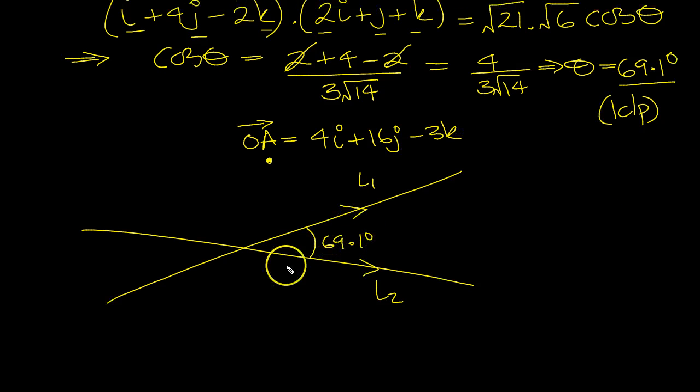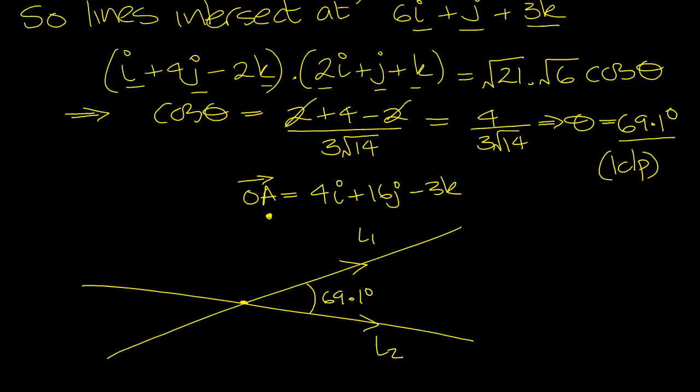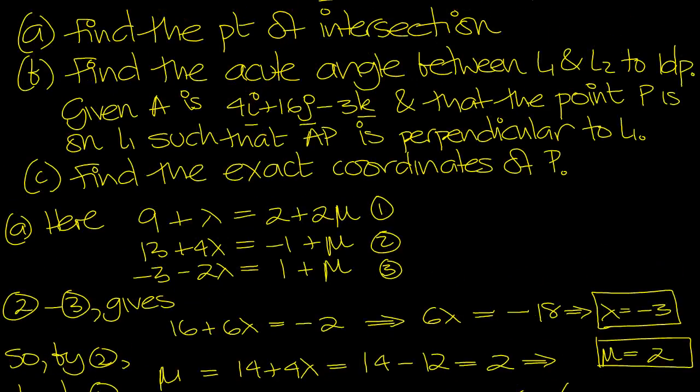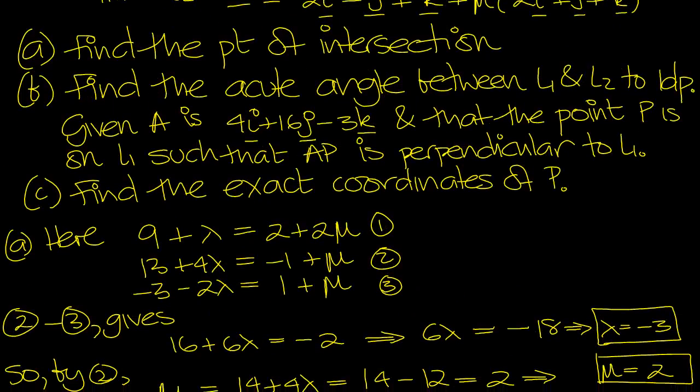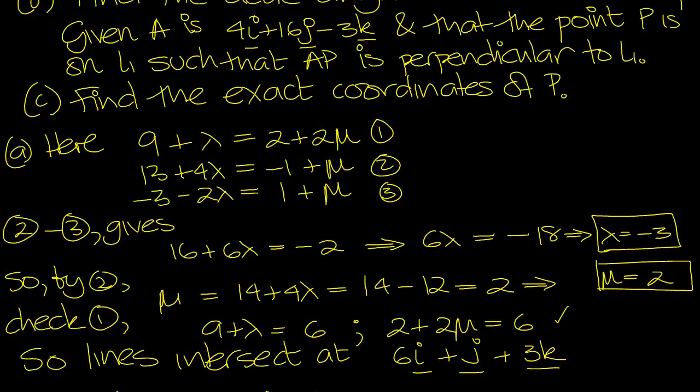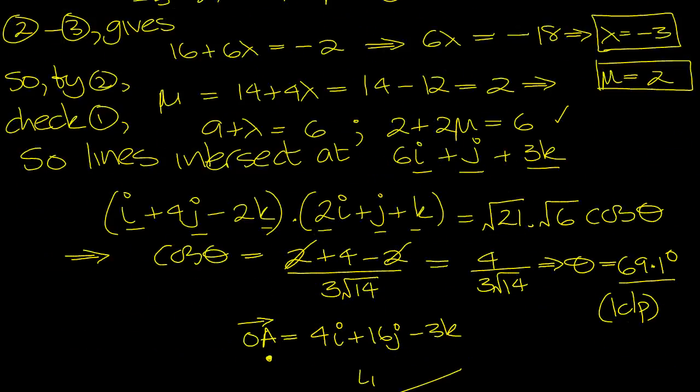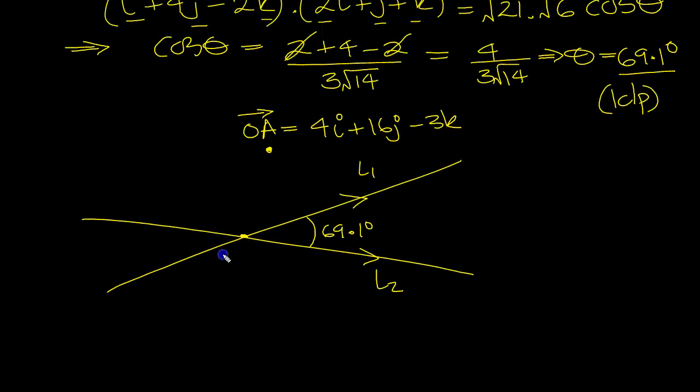Okay, good. We know where they intersect here, because we just worked out that point of intersection, haven't we? So we've done that in part A. 6i plus j plus 3k. That's that vector here.